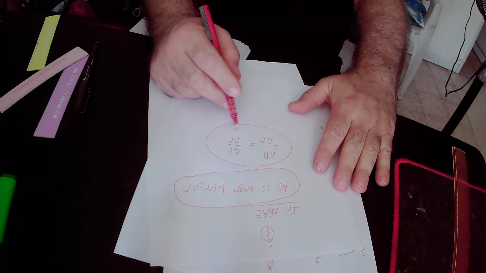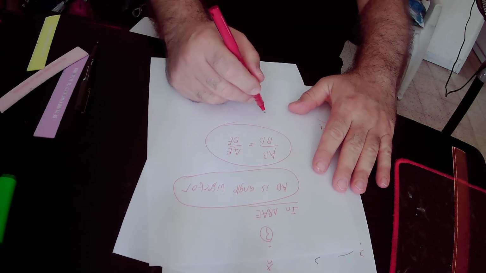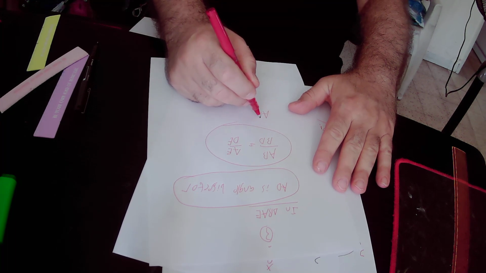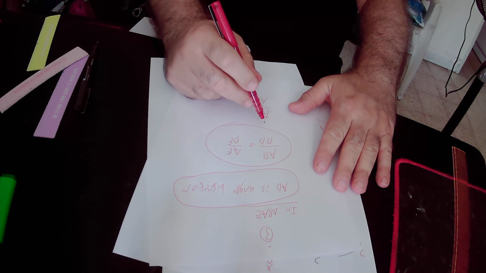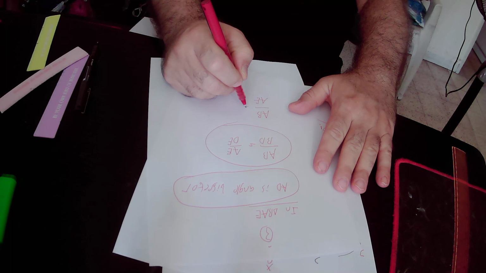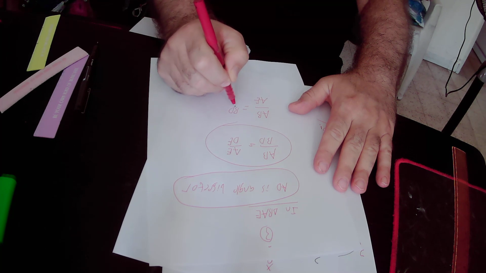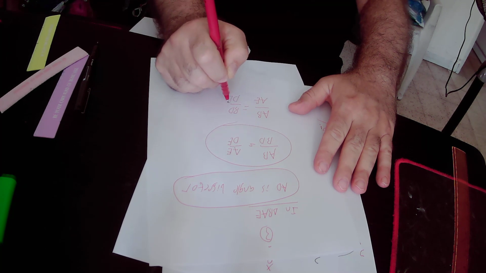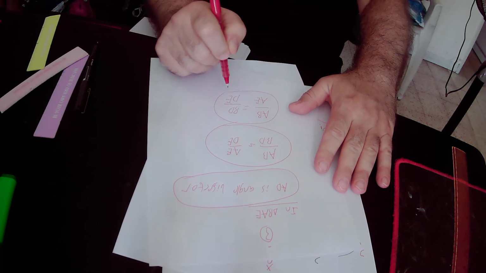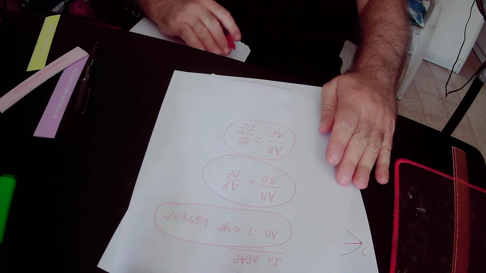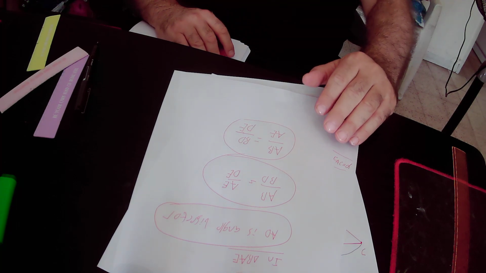First of all, we divide this equality by AE, and then multiply by BD. So AB over AE equals BD over DE.